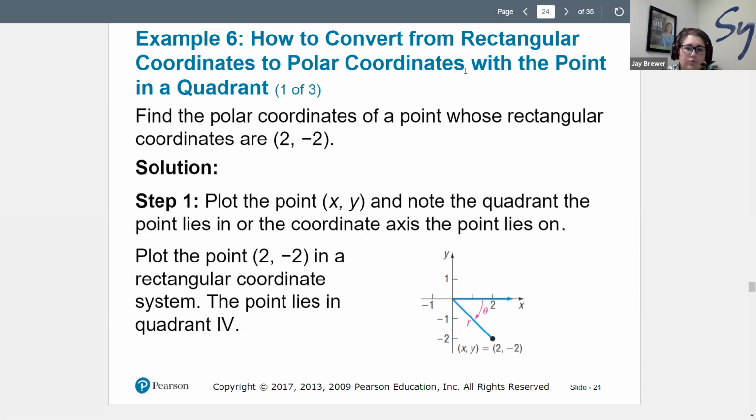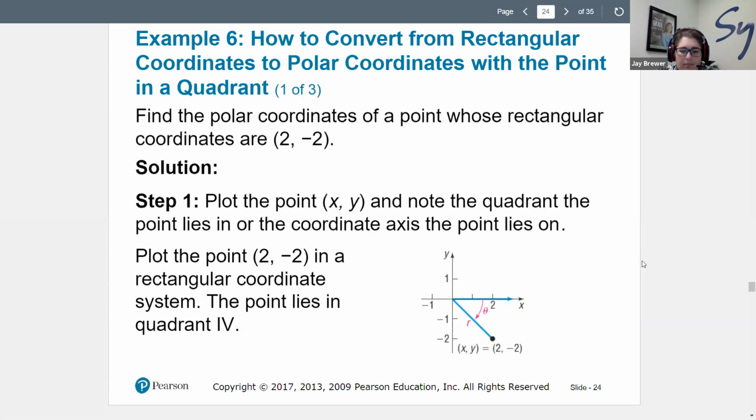Well, I guess really the true first step is the diagram. And the diagram is going to help you probably because of signs. And then what function is going to help you find theta? Which one of the conversions from polar to rectangular helps you find theta?